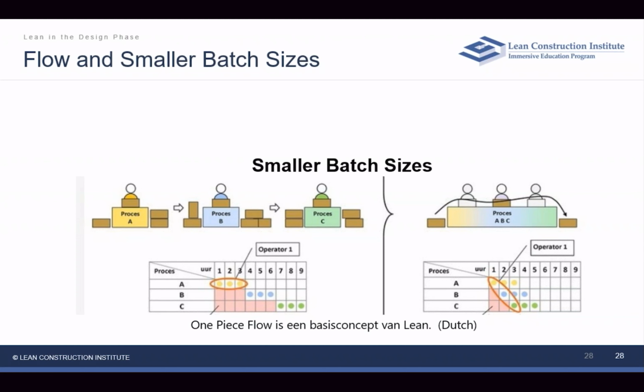So getting things in smaller batches, you might find out that you had a misunderstanding. Oh my gosh, I was using the 1997 UBC and I was supposed to be using the 2016 IBC, which shouldn't happen. But those might be the things where you're finding quick cycles of, for example, shop drawing reviews.